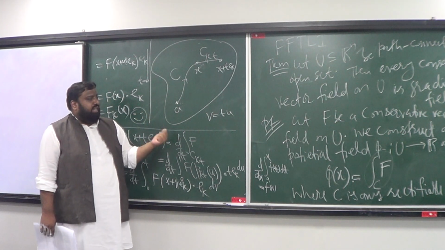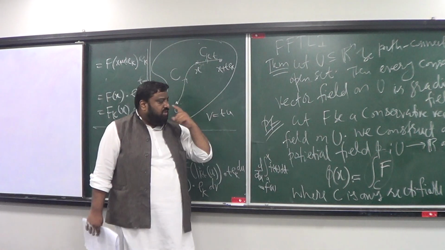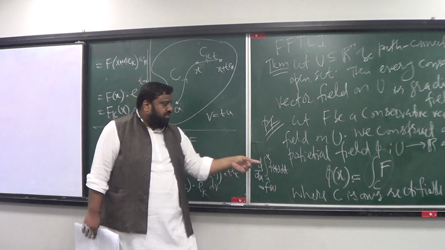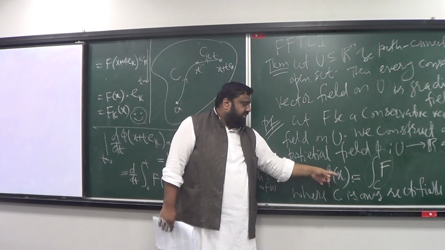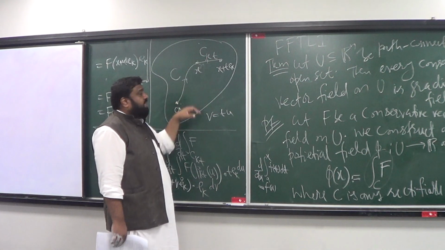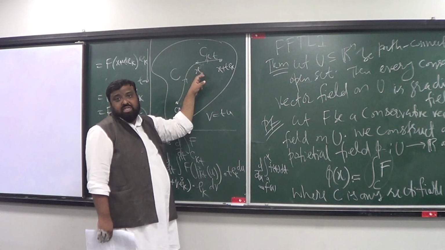Okay? So I defined a phi from U into R, and phi of x I'm defining in this manner. So x is an arbitrary point in U. Now since this region is path connected, you can always find a curve C that joins A and x.